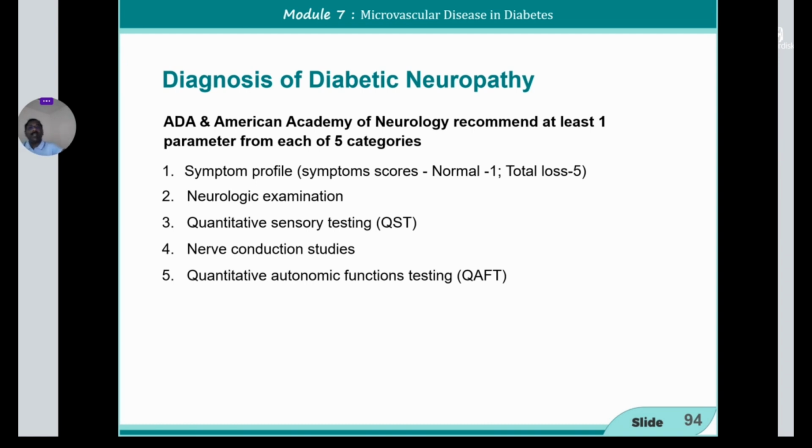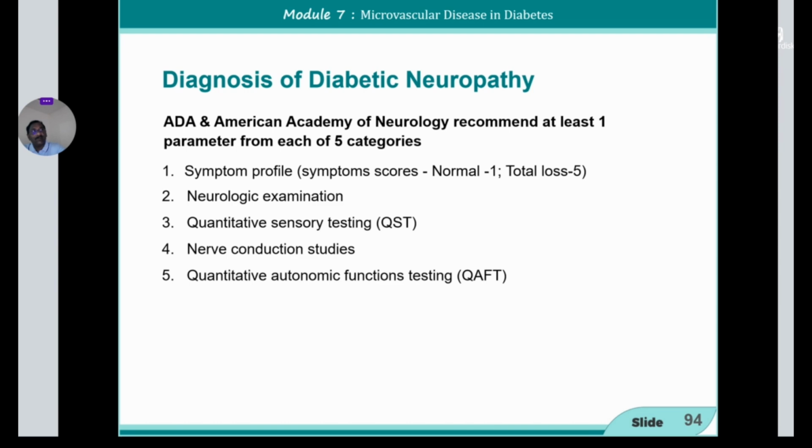Now the diagnosis of diabetic neuropathy. The ADA or the American Academy of Neurology recommend at least one parameter from each of the 5 categories: symptom profile, neurological examination, quantitative sensory testing, nerve conduction studies, and quantitative autonomic function testing. These are very, very important. Out of them, we do the symptom profile, where the patient will tell all the symptoms.